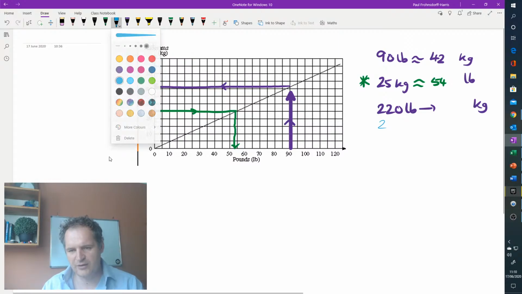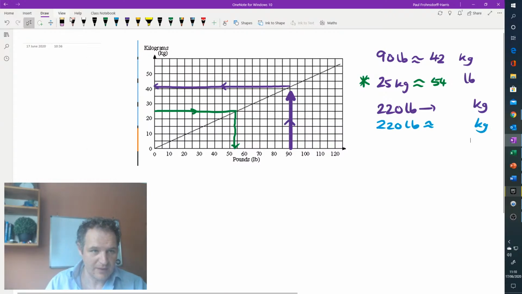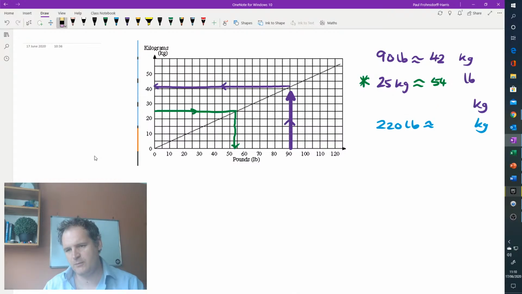How on earth can I do 220 pounds is approximately equal to in kilograms? This is what I'm going to do. I'm going to first of all get my rubber and rub out the purple. I can't see 220. 220 is over here somewhere.